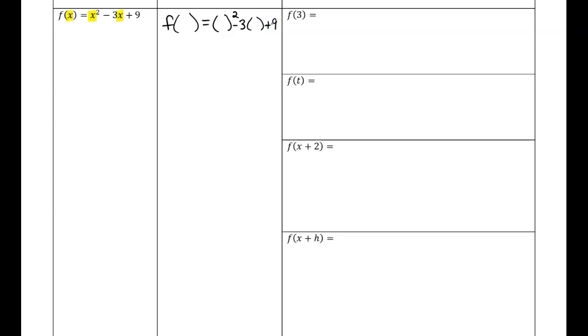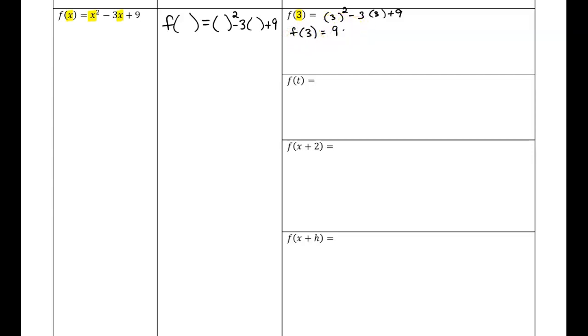Okay, so the first one, now maybe these are a little bit more manageable. For this first one, we want to find f of 3. So we want to know the function value at 3. So here's my skeleton. I'm going to plug in 3 into those empty spots. And then I start my order of operations.